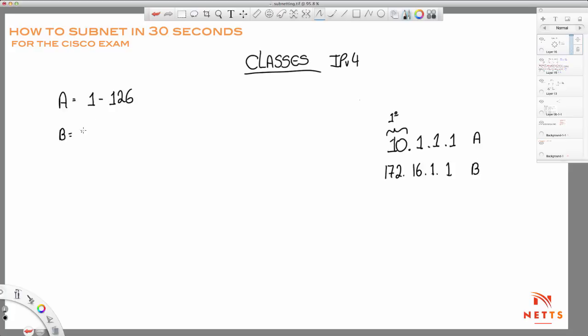Why is that? Because class B is the range from 128 up to 191. And again, just the first octet. The first octet is the most important one. You understand what class the IP address is by looking just at the first octet.